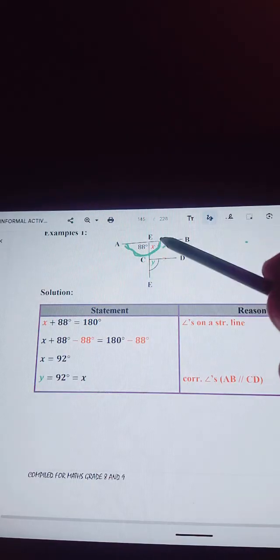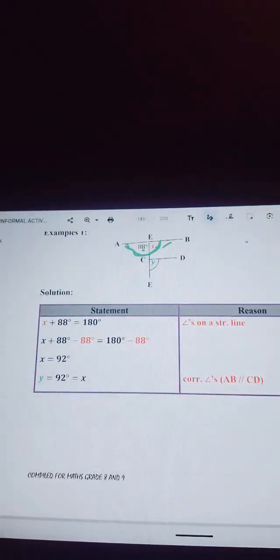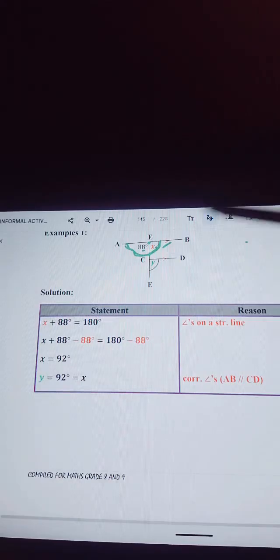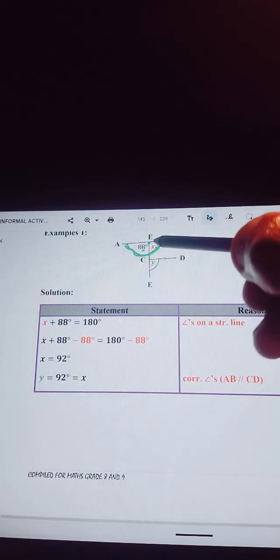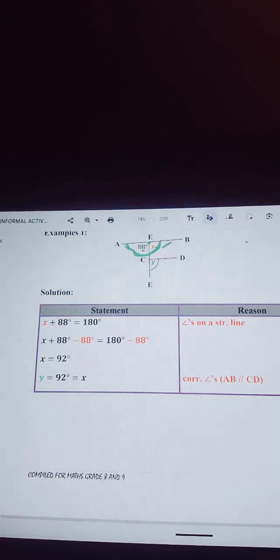We say they complete that straight line, and as adjacent angles sharing a common vertex E, those angles are supplementary. In other words, x plus 88 should in total give us 180 degrees. Why? Because x and 88 together complete a straight line.